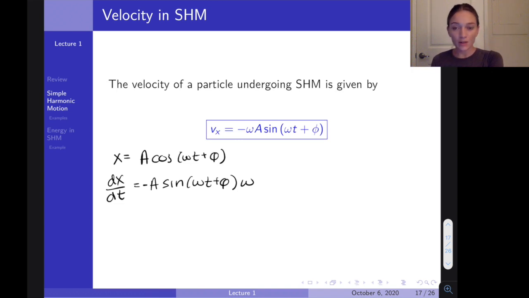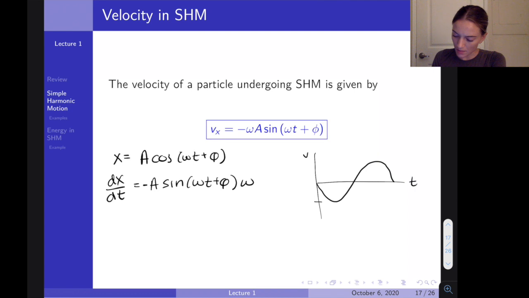So here we have our velocity, and it's just written a little bit more neatly right here. Now if we plot this, so let's plot the velocity times the time. So this is a negative sine wave, so it's going to look like that, where this is negative omega a, and up here this is omega a.